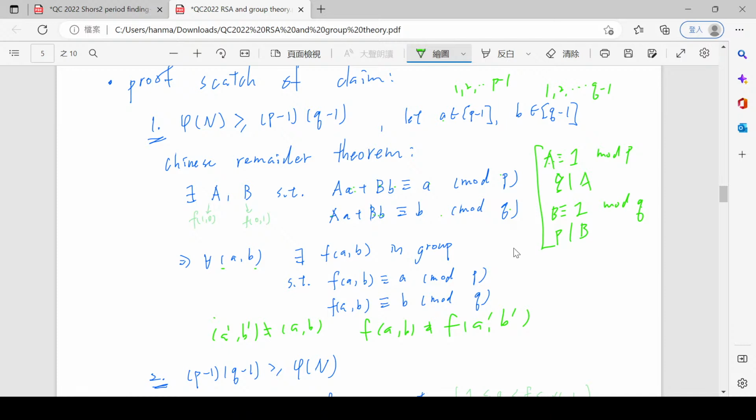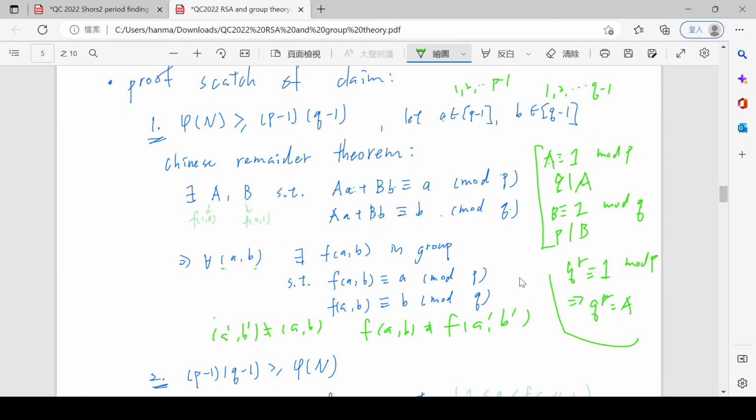Okay, we just need the existence, so let's do this in a stupid way. So we think about Q inside the multiplicative group of P, right? So there exists some order R such that Q to the R is equal to 1 mod P. Right? So then we can just define Q to the R equal to A. Okay? Hopefully that's okay.